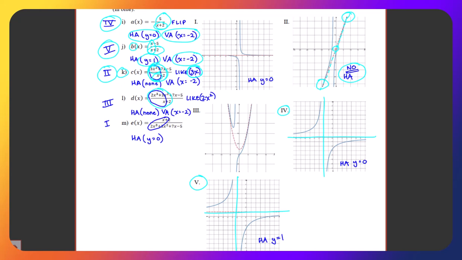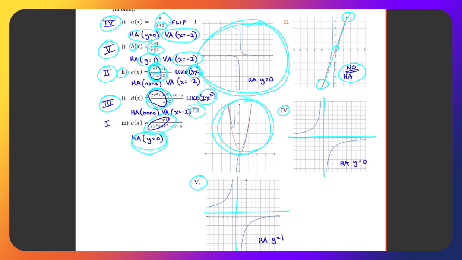Here it's top heavy, and if I divide just the first terms of each, I'll get 2x squared. And the end behavior will look like a parabola, and that's choice 3. And here again it's bottom heavy, so the horizontal asymptote is 0. And choice 1 takes care of that for us.